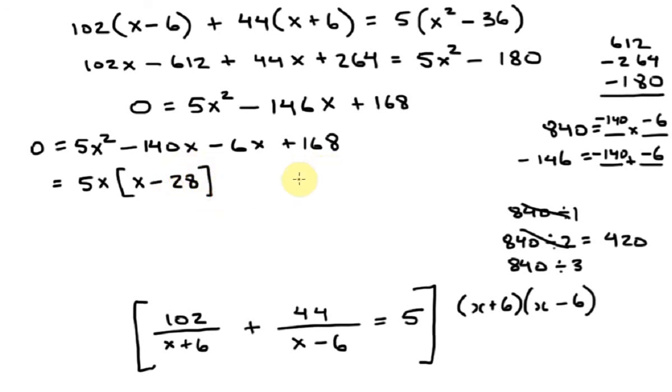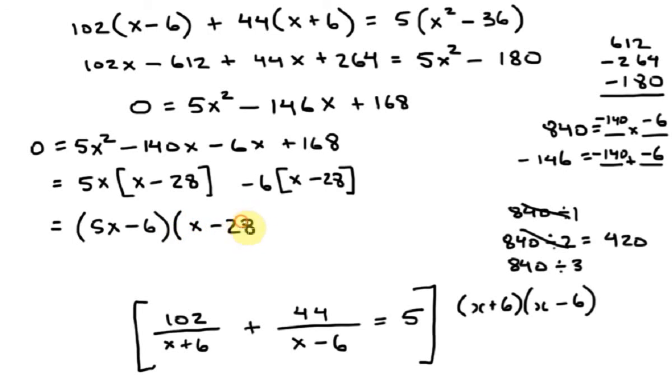And then I'm expecting to see that happen again. So x minus 28. It's kind of thinking my way backwards. That means I would have had to have factored out negative 6. And just to check, negative 6 times negative 28 is positive 168. So here's what I got. In its factored form, I have 5x minus 6 and x minus 28.